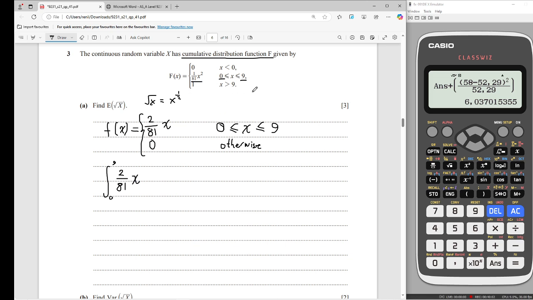The law of indices, or law of exponents, states that a^m times a^n equals a^(m+n). Similarly, when you multiply x, which is x to the power 1, and x to the power 1 by 2, we have x to the power of 1 plus 1 by 2, which is 3 by 2.